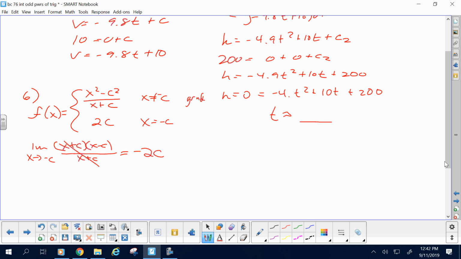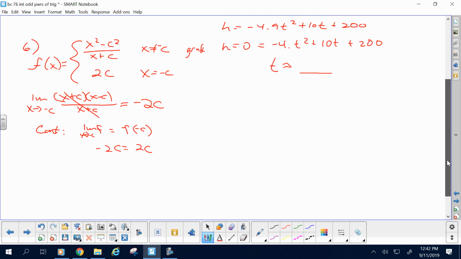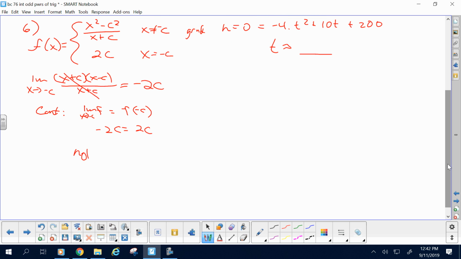So the temptation is to say this needs to be continuous only if the limit equals the point, and so negative 2c needs to equal 2c. So did you conclude that this is not continuous at x equal negative c, so maybe negative infinity up to negative c and negative c to infinity?